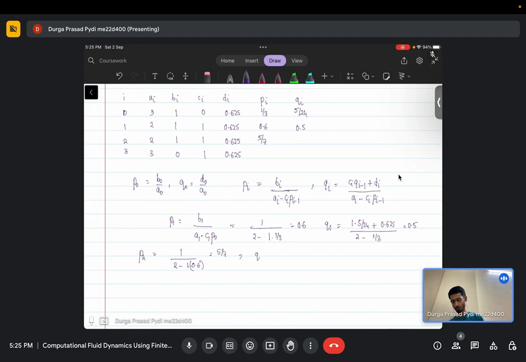And similarly Q2 is given by c2 into Q1 plus d2 by a2 minus c2 into P1. P1 we have a value of 0.6.